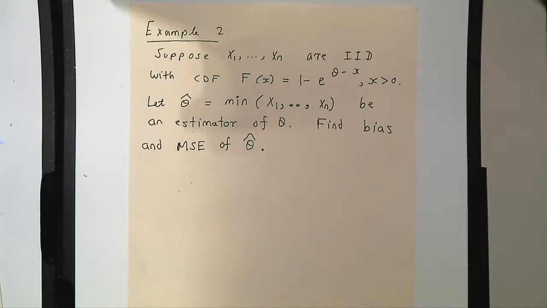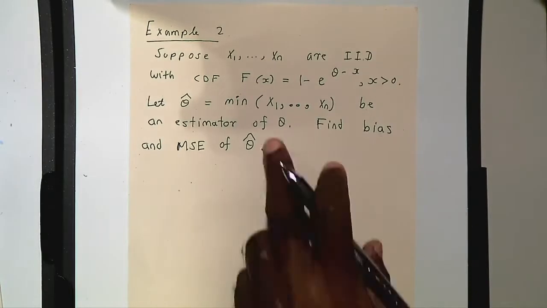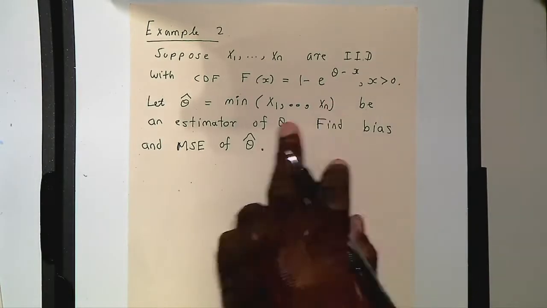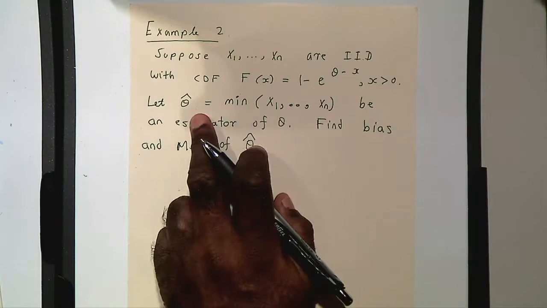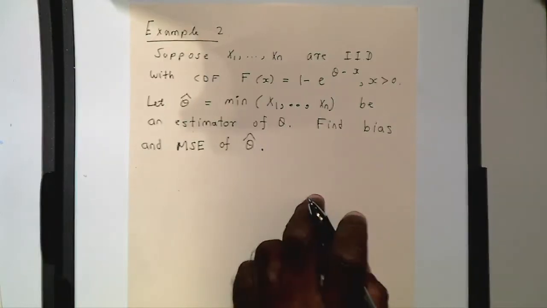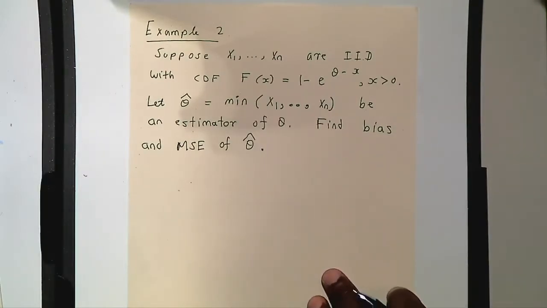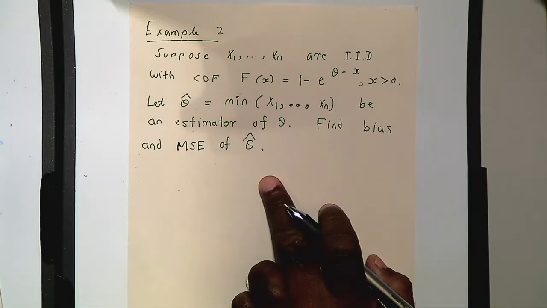Right, so you have a random sample from a distribution that has this as a CDF, right? And theta hat is defined as the minimum of the data, right? And we want to find the bias and the MSC.